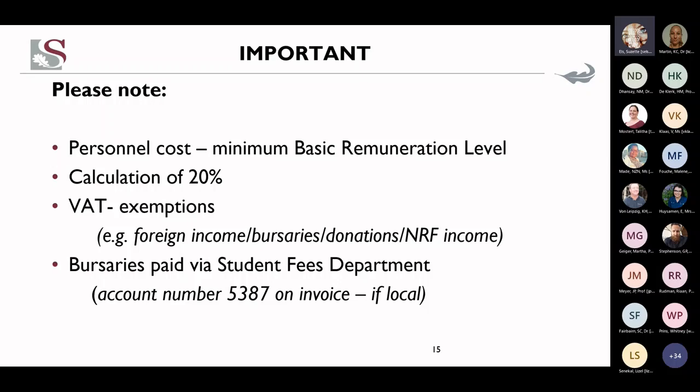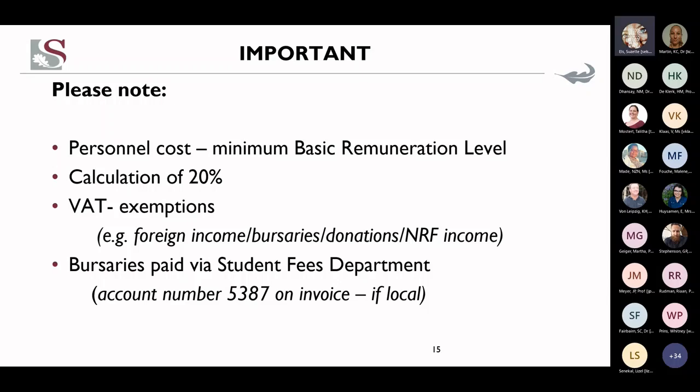There's a tab with the BRL levels for the different post levels that we have at the university. It is already there on the budget template, and you can use that. And on your quotation to your funder, you are allowed to increase that, but you can't budget for less on the full cost template.